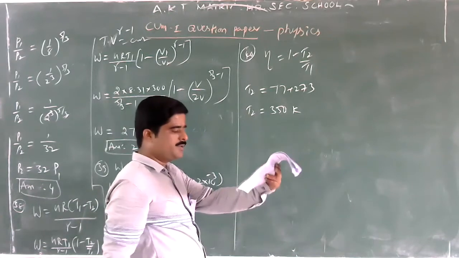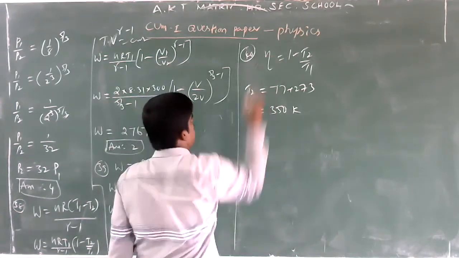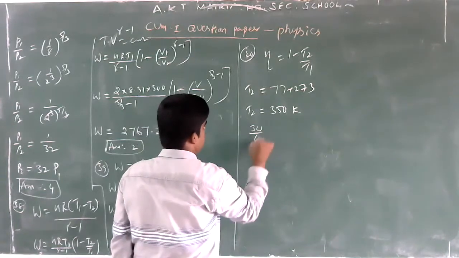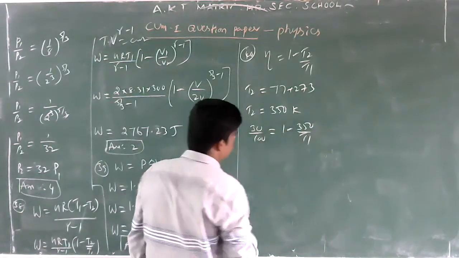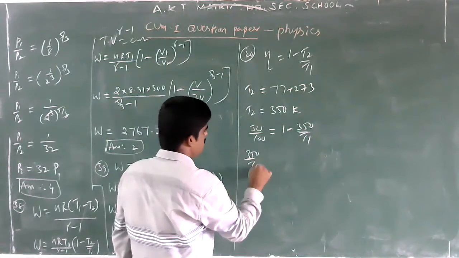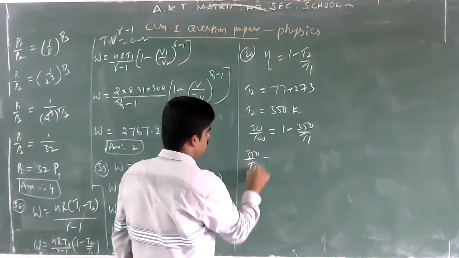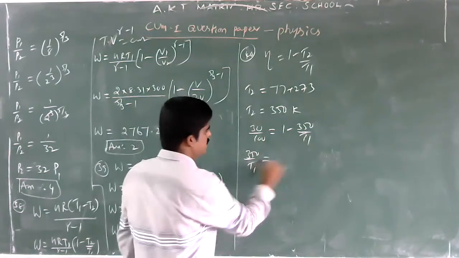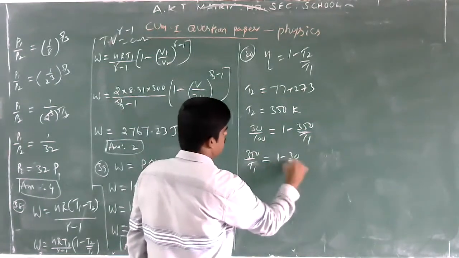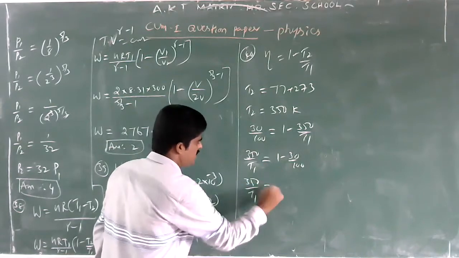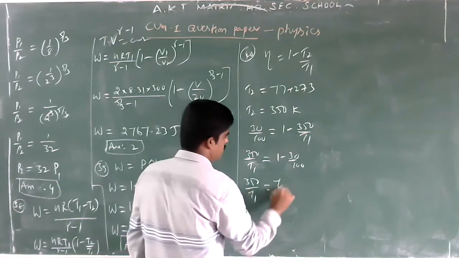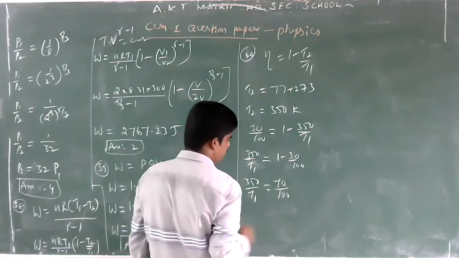Efficiency is 30%, which means 30 by 100. That is equal to 1 minus 350 by T1. So 350 by T1 is equal to 1 minus 30 by 100, or 350 by T1 is equal to 100 minus 30, that is 70 by 100.